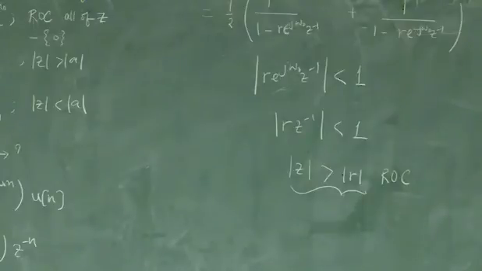So the idea of ROC clear to everyone? Let me ask you, so what is the ROC? Region of convergence. And how did we find it so far? We want to find where the summation is going to exist, where it's going to be finite.